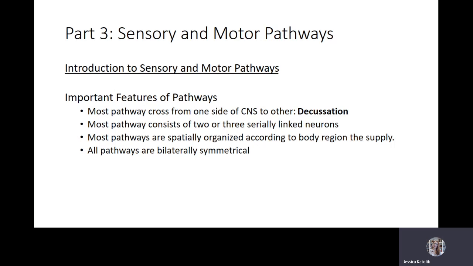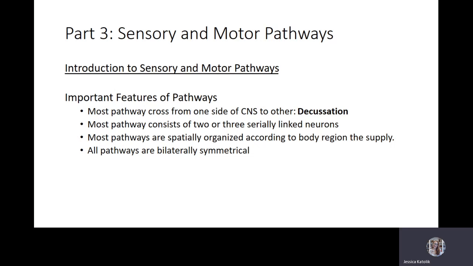So they're going to just synapse in a single file line, and information is just going to be passed from one neuron to the next to the next. This is going to be important because it can tell us that there is going to be specific responses to the movement of information through those neurons, and it's going to be a patterned response.